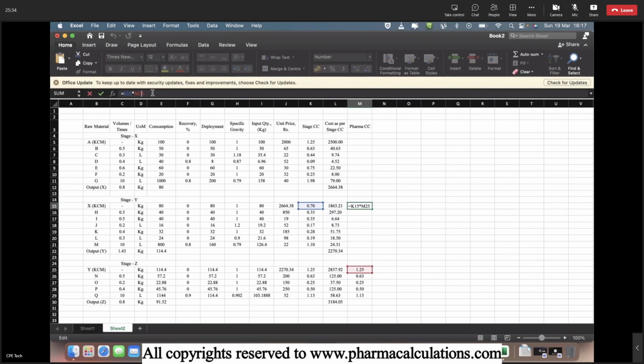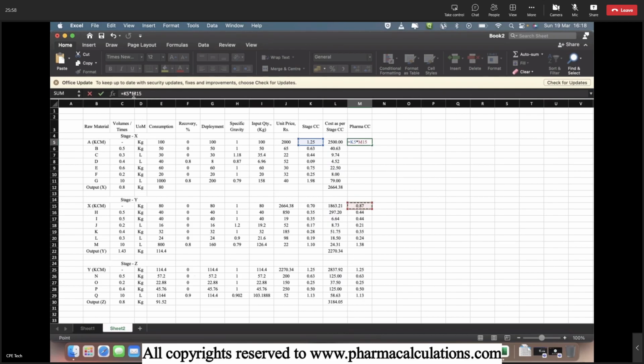So let's add up $1 for the pharma. Okay, and drag it. And now coming to this thing, this is going to be same. So the stage CC multiplied with the last stage pharma CC of key contributing material.